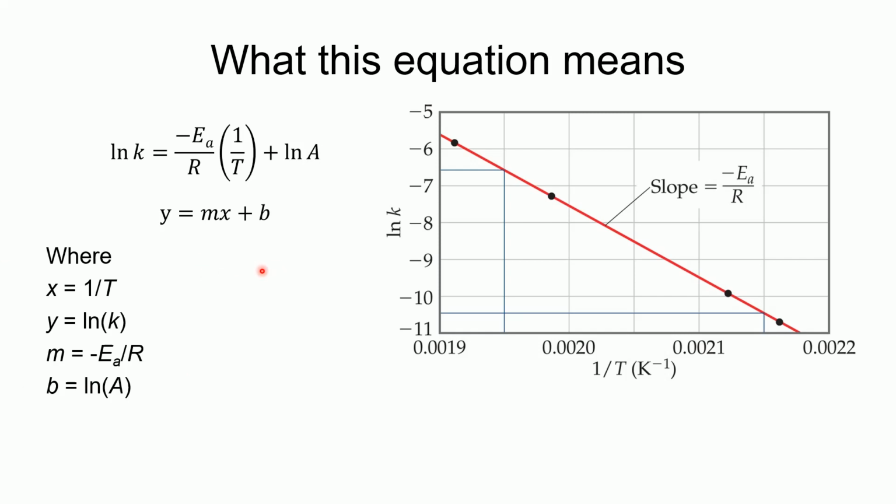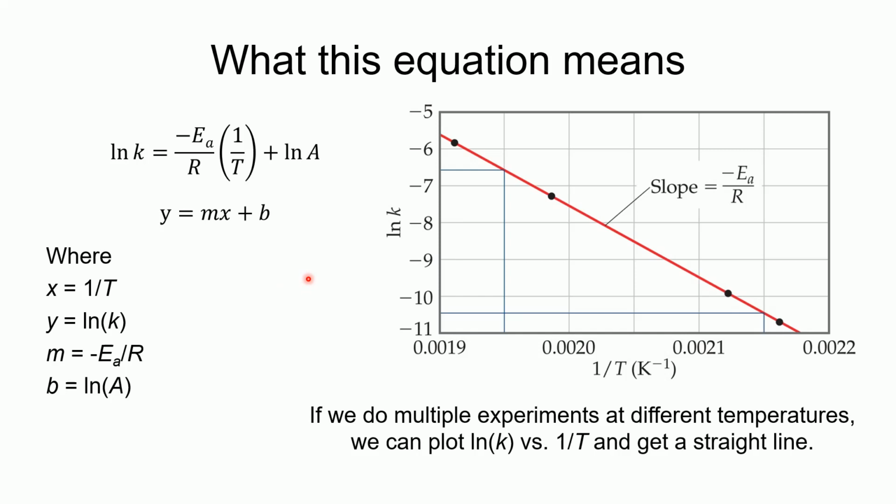All right, well, here we have done multiple experiments where we measure the rate constant at different temperatures. Once we've done that, we can then plot natural log of the rate constant k on the y-axis, and on the x-axis we'll plot 1 over the temperature. And of course that temperature needs to be in Kelvin for this to work.